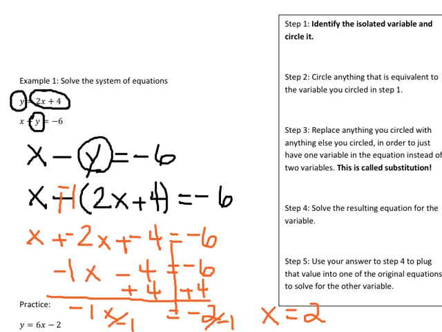Now I take that answer, x equals 2, and I use it up here to find the y value. And I can use it in either equation. In this one, it's easier to use it on the top one. So I plug in x equals 2 to that equation. Y equals 2x plus 4.